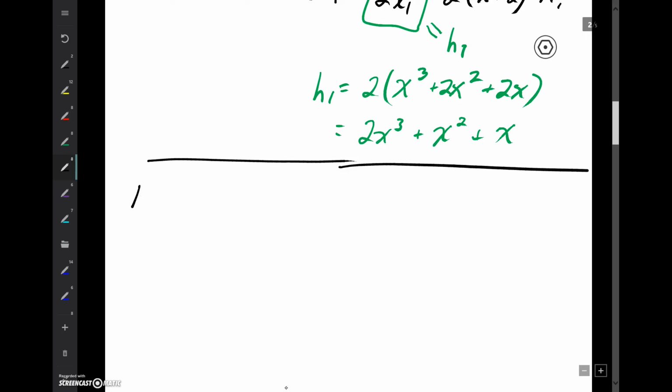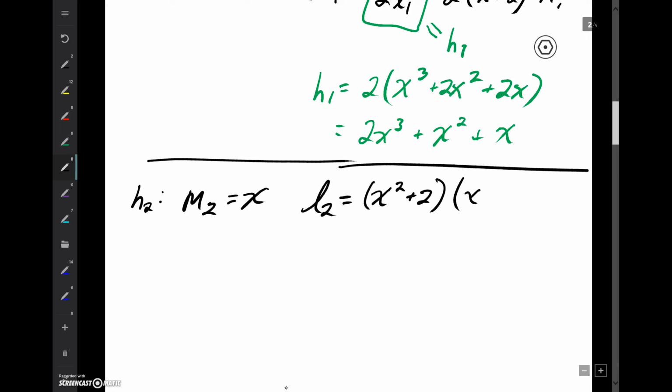On to H2. M2 is the mod for the second congruence, which is just x. And L2 is going to be the other mods multiplied together, so x squared plus 2 and then x squared plus 2x plus 2.